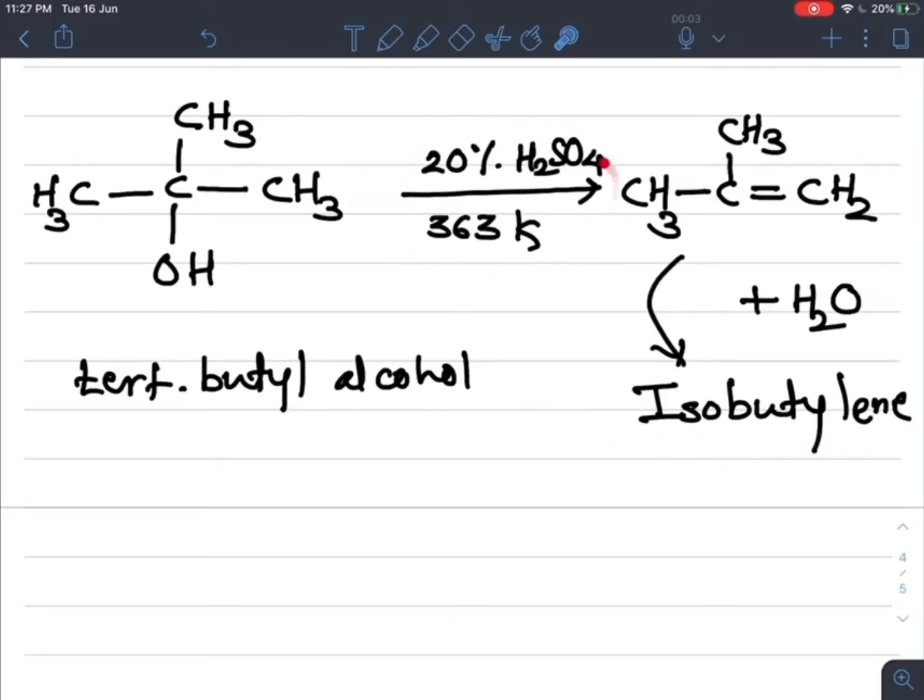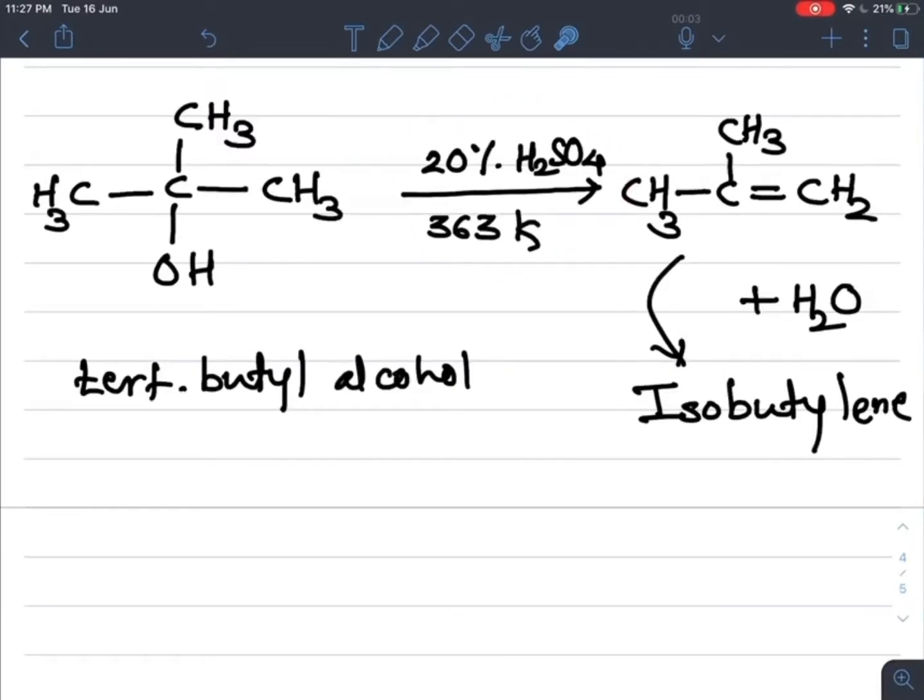The requirements decrease towards the tertiary alcohol, and that's why tertiary alcohols are more reactive than secondary, than primary. So note that the order of reactivity is according to the conditions required to complete the reaction.